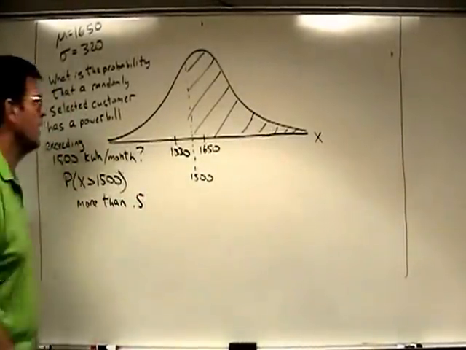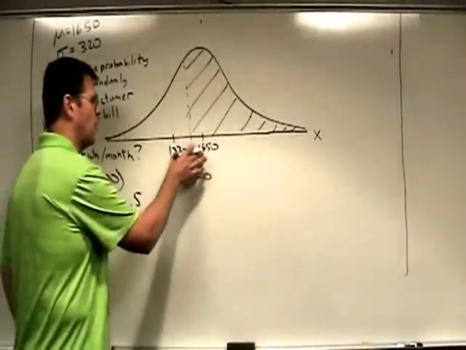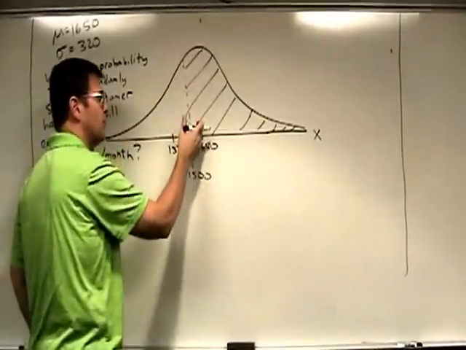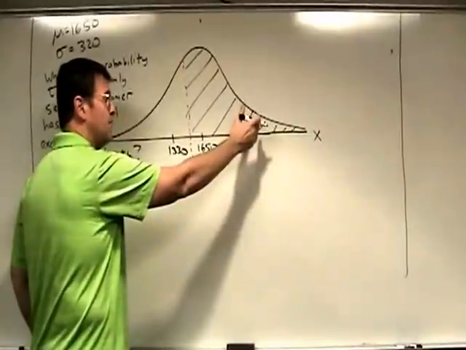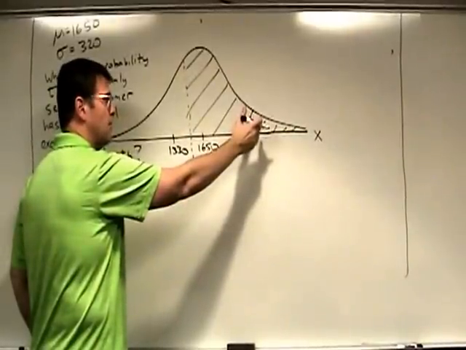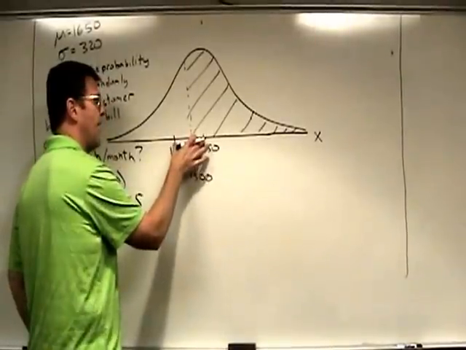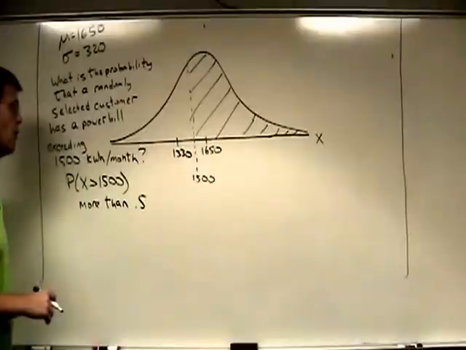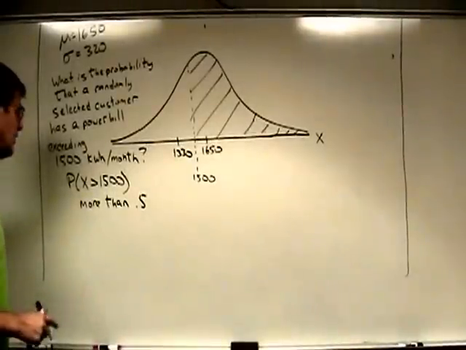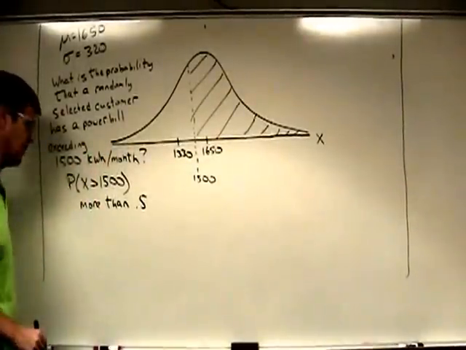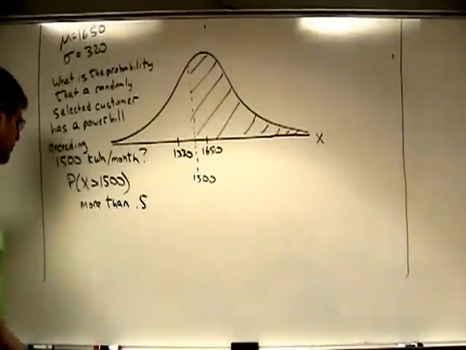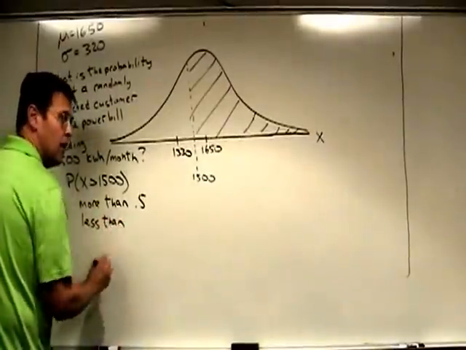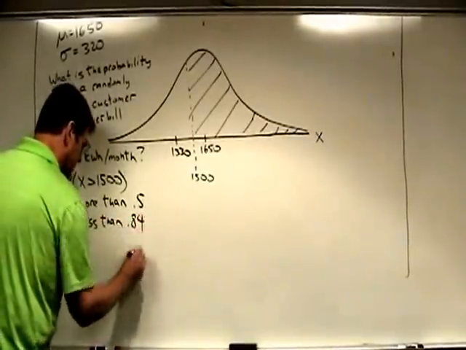Similarly, if we use the empirical rule, if we go one standard deviation over to the left, this from 1650 to the right is 50% of the area under the curve, and this interval right here would add an additional 34%. We're not adding all of it, but adding 34% to 50% would give us 84%, so we know that this has to be less than 0.84.